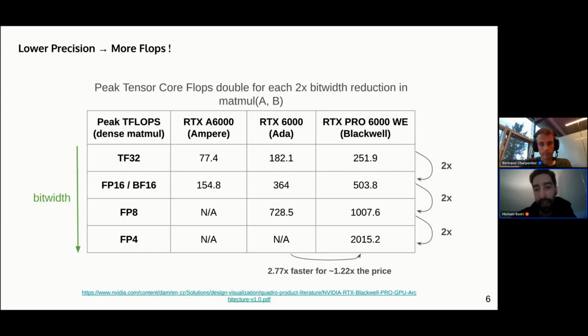If we compare the RTX 6000 Ada and the RTX Pro 6000 Blackwell, you can see that running FP4 with the RTX Pro 6000 is about 2.8x faster, but it's only 1.22x the price. So it really makes sense to upgrade in this situation, to use the RTX Pro 6000 to deploy with FP4, because it's cheaper and faster.